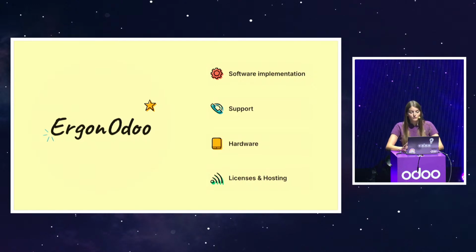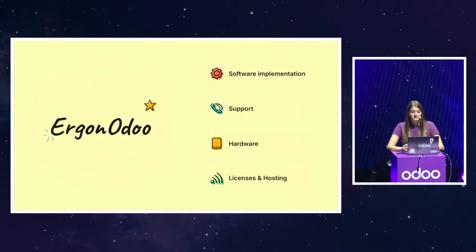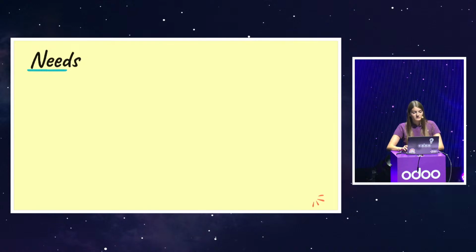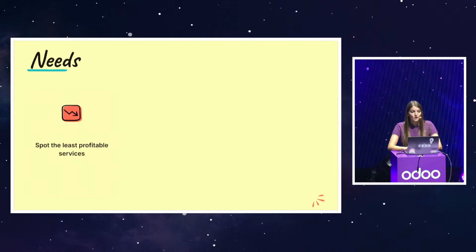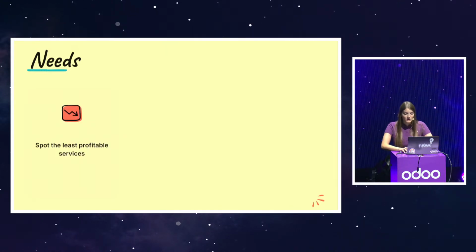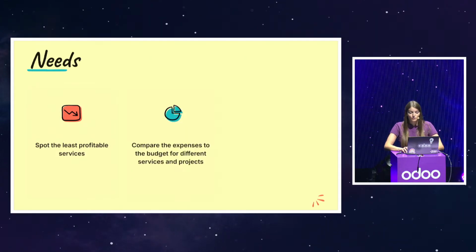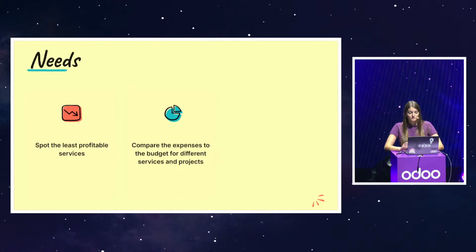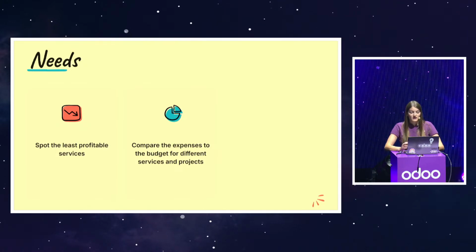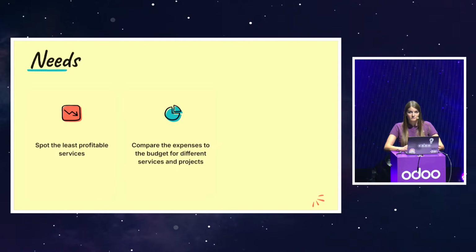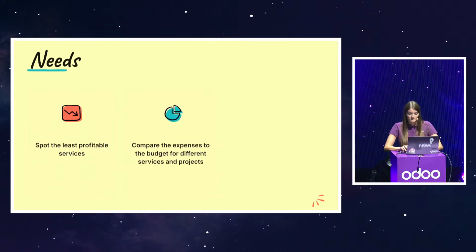Today, they already have a good view of the project profitability per client, but they are missing a view of the profitability of each type of service. Moreover, they would like to better keep track of their costs by balancing all the revenues and the costs of a same service, as well as to compare the planned expense budget to the actual expenses.